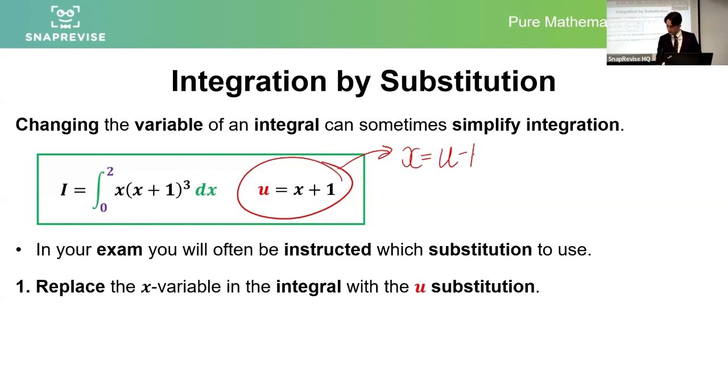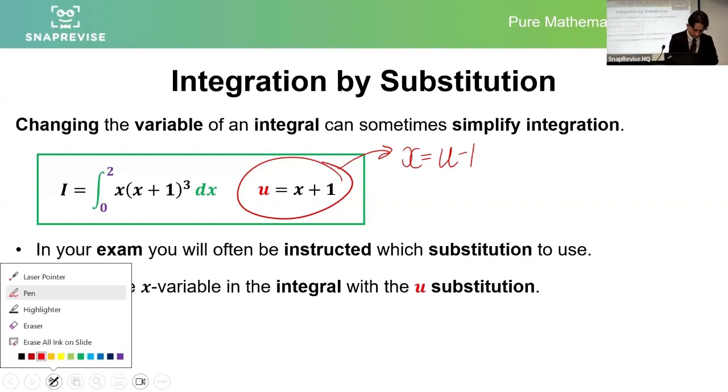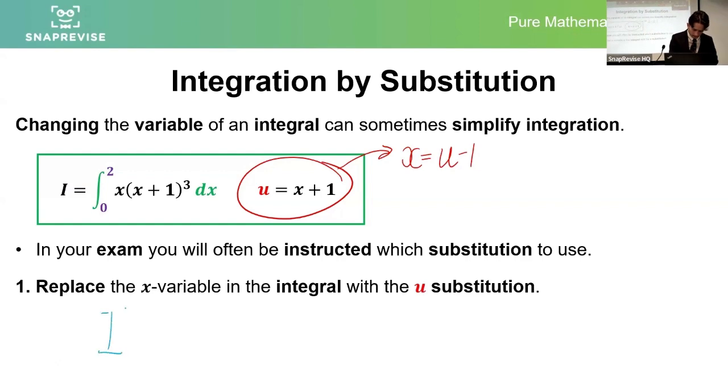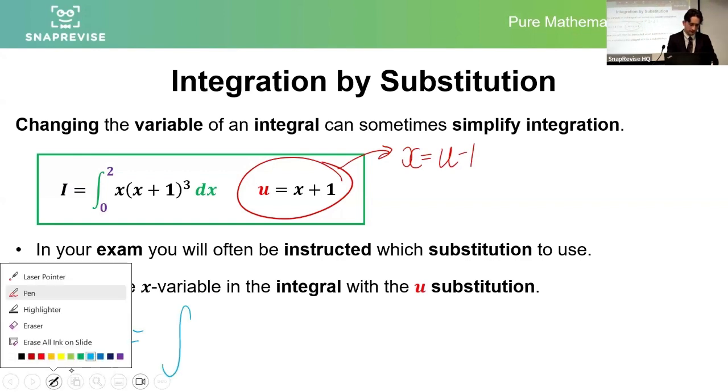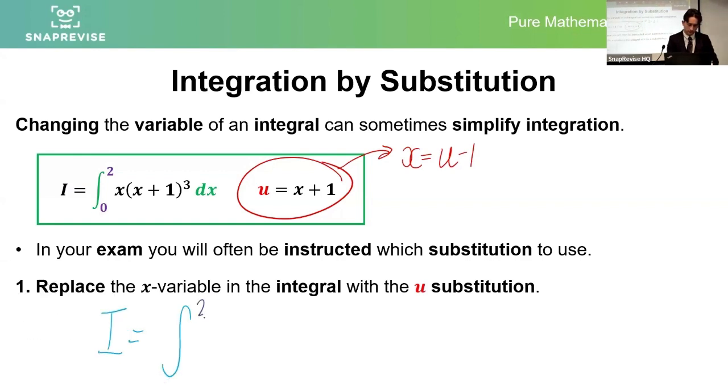So we need to replace the x variable to start with, and we need to see how we go. So basically, the integral we end up working out is going to be between 2 and 0, and I'm going to keep them in purple as they're x bounds at the moment.